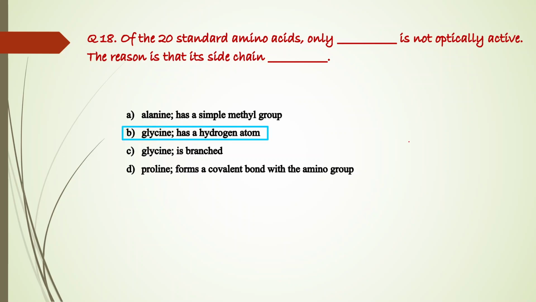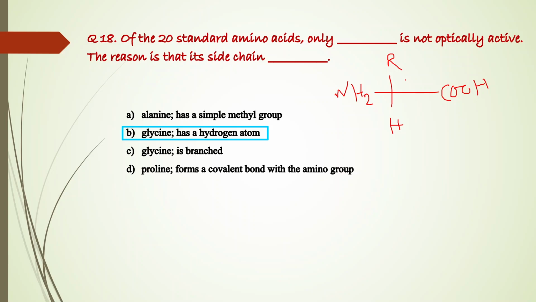For any molecule to be optically active, it has to bend the light to some degree. So for that the molecule has to be chiral. But in the case of glycine, we can see this is NH2, this is COOH, there is one hydrogen and this is your R group.